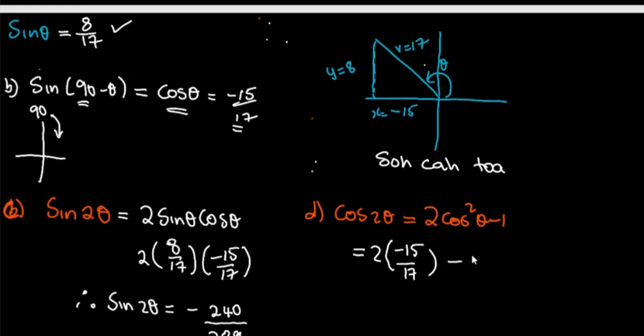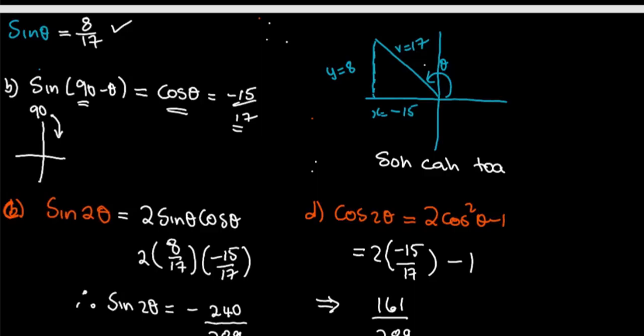Then we need to minus 1. You just have to put this on the calculator, and you should get your final answer as 161 divided by 289. This is how easy the question is.